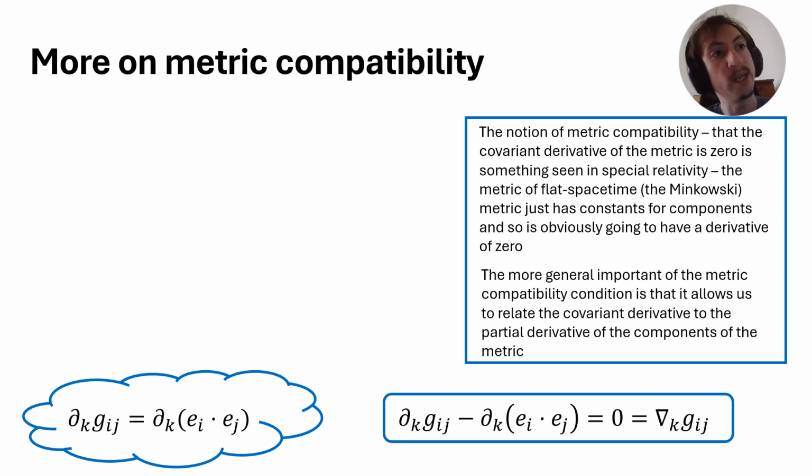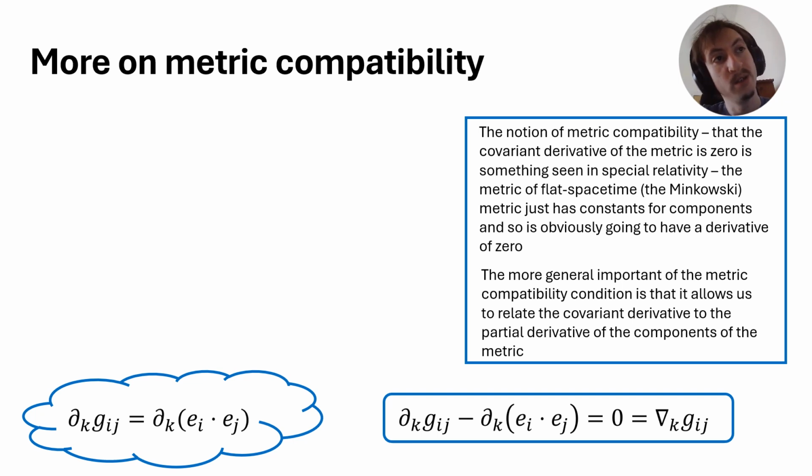So now we can say, well, the partial derivative of a component of a metric minus the partial derivative of the scalar product between our relevant basis vectors has to equal the covariant derivative of a metric.